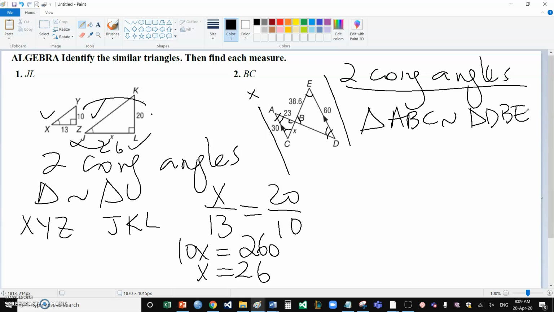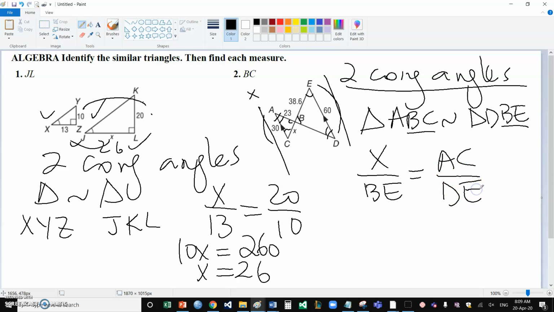Now we need to find the value of x. So x, which is BC, over BE, equals AC over DE.